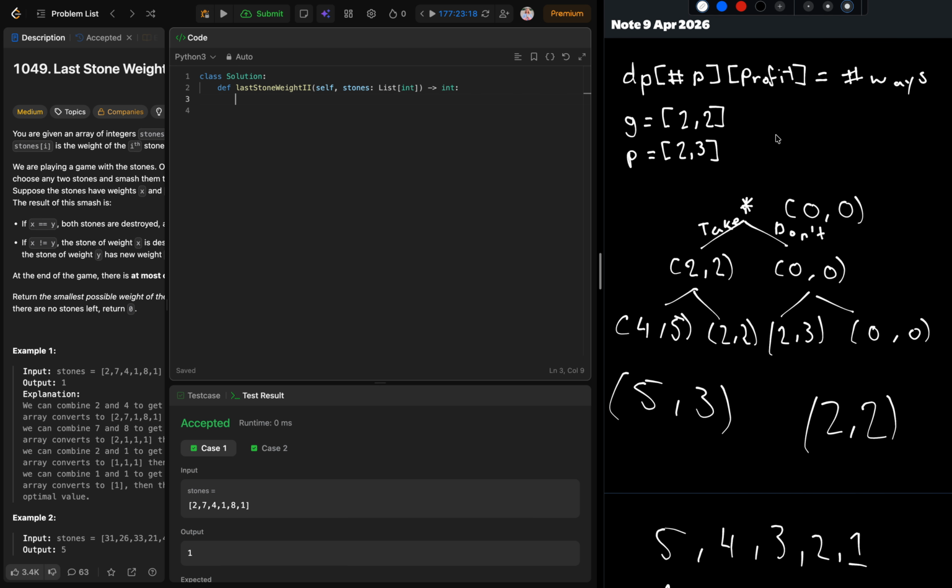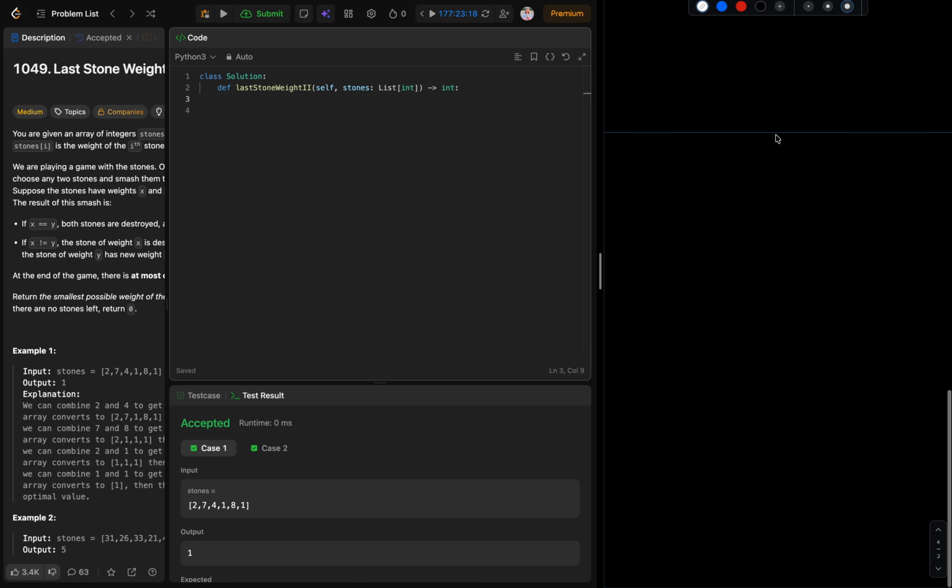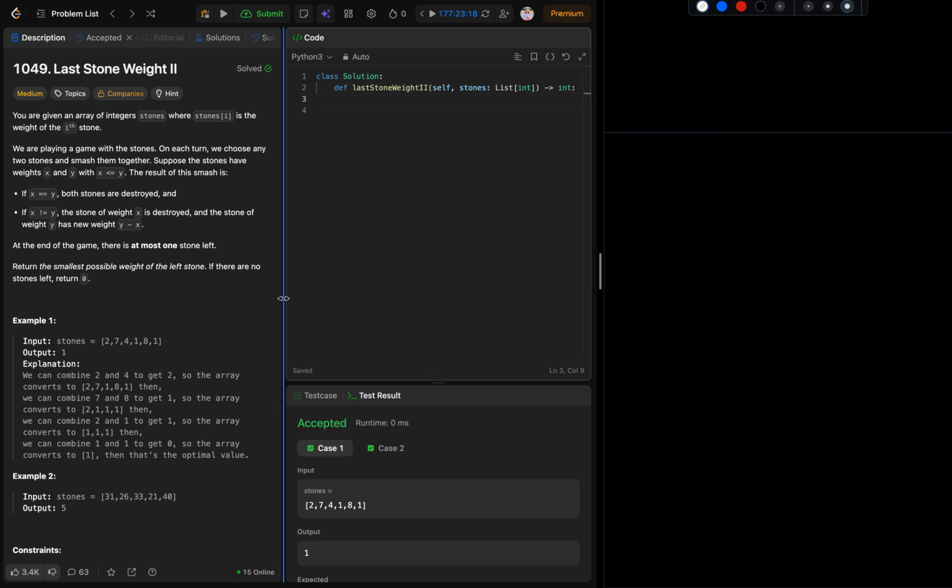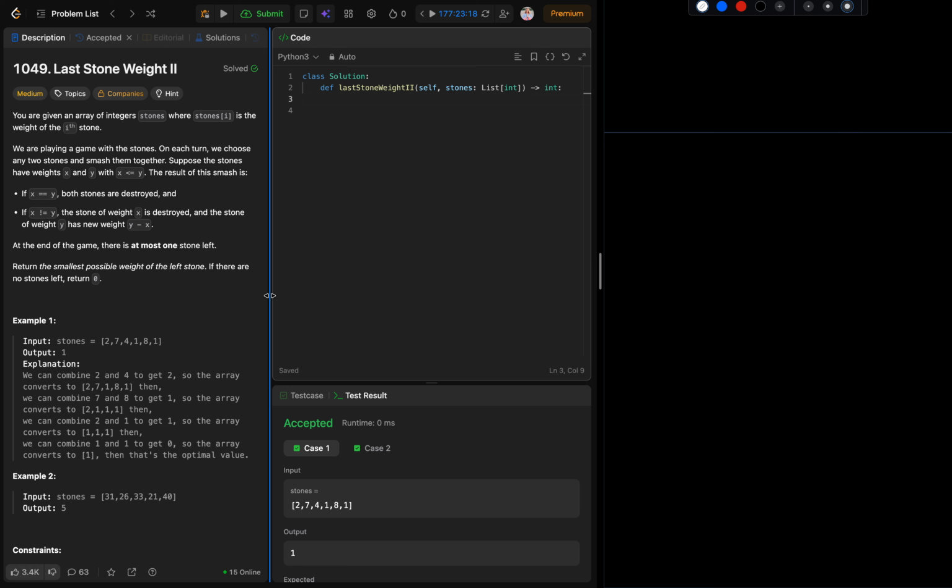Okay, the second one. I also didn't get this one, but I do understand how it works. If you think about it, you kind of just want to split this list in half, you want to split it into as equal halves as you can, right?